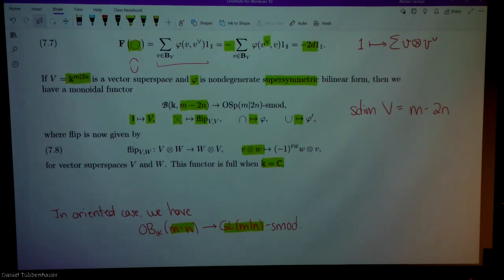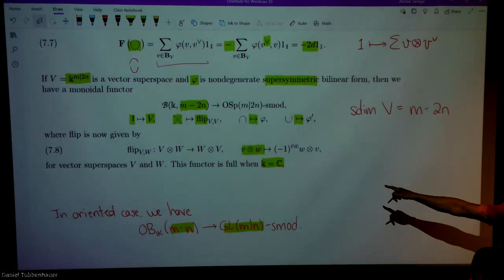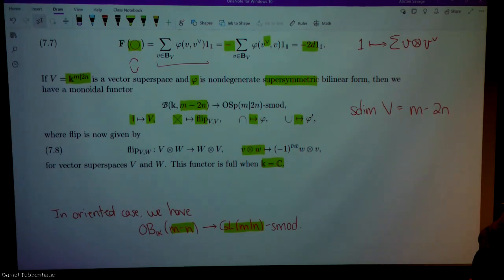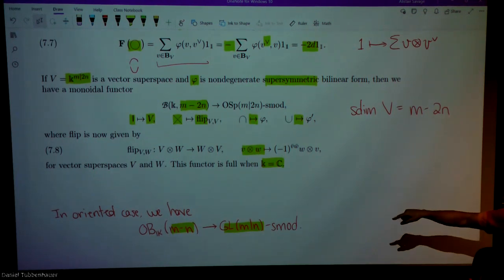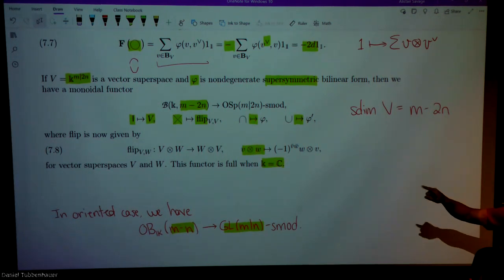When is this functor injective? Good question. There is a condition, I don't remember off the top of my head. So this fullness was proved by Lehrer, Zhang, and Deligne, and I believe in that paper they also give some condition when it's injective. It's some relation between the m, the n, and the number of tensor powers.